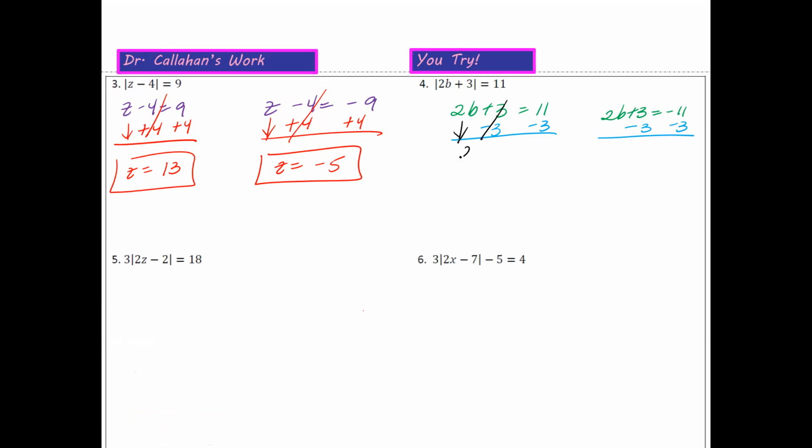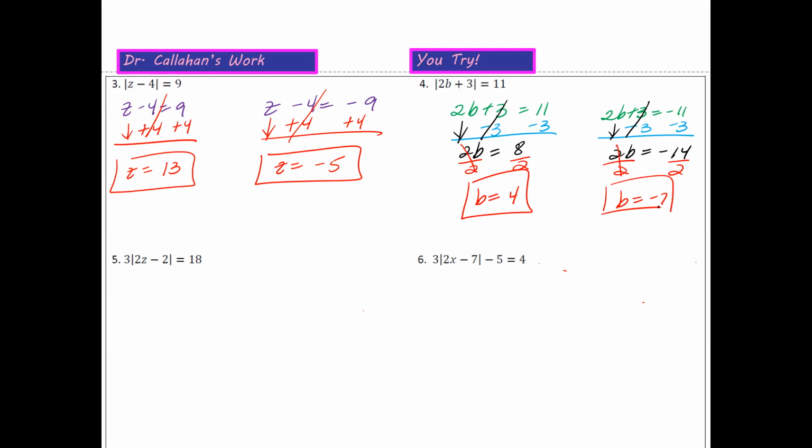Cancel the 3. 2b equals 11 minus 3, which is going to give you an 8. Cancel the 3. 2b equals negative 14. Opposite of a times is a divide, so divided by 2. b equals 4 is your first answer. b equals negative 7 is your second answer.